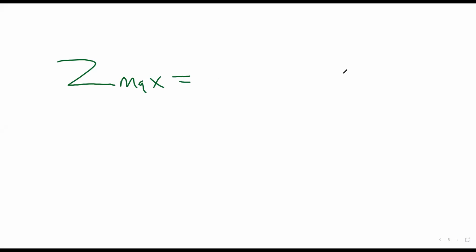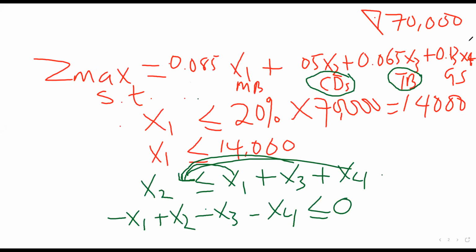But we now know that we should not deal with X1 and X2. We have to deal with X3 and X4. So all we need is the last two, and they are 0.065 and 0.13. That's what we are going to use to get the overall.